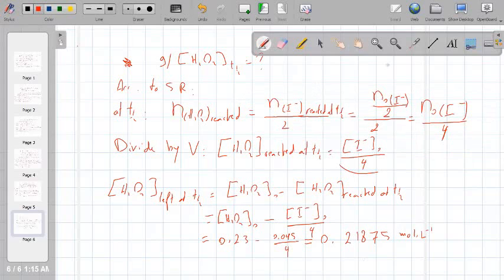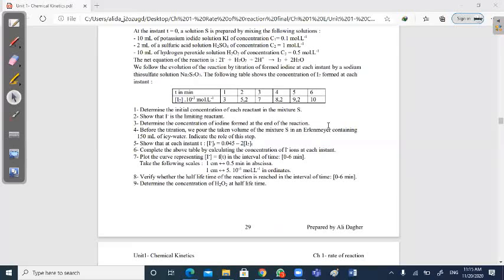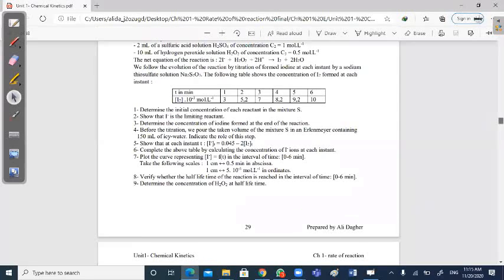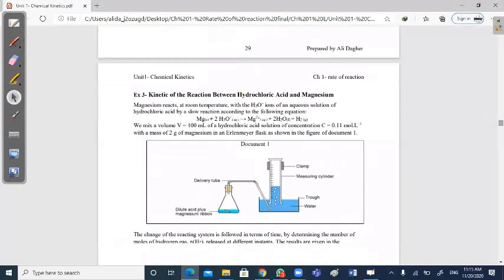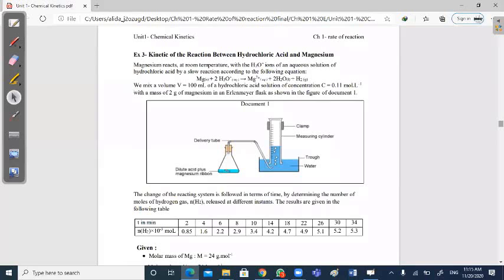This is exercise 2. Now, exercise 3. Kinetics of the reaction between hydrochloric acid and magnesium.